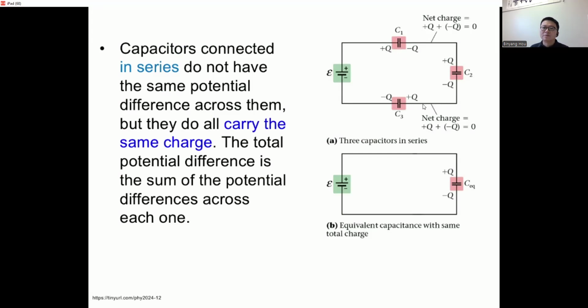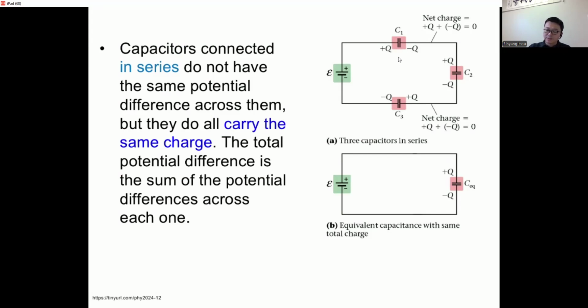Okay, so the total net charge on each wire should still be 0, but if you have them in series, then the combination can be represented by this equivalent capacitor. So in that sense, if they are in series, they share the same charge, but we can take a look at the voltage here. So this guy will be V1 here.